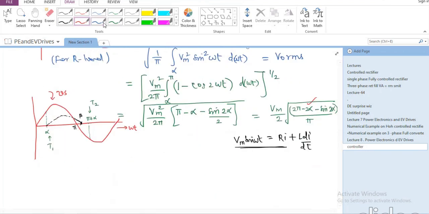So the current is going to start increasing again like this. And by the time it comes down to 0, it may be pi plus beta. So T2 will be conducting until this portion. Here T2 conducts until this point, and T1 conducts from here until this point.